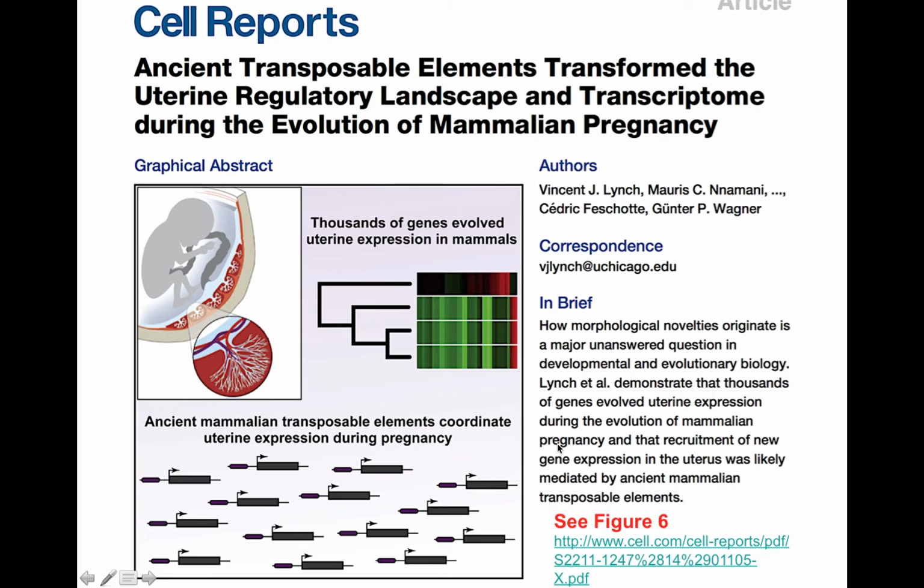So it seems like if you need to make a uterus, you need a whole lot of genes expressed in the uterus, and that may have been mediated by transposable elements jumping into a variety of genes and coordinating their expression all together because it was the same transposable element. And that's the subtitle of this figure, Ancient Mammalian Transposable Elements Coordinate Uterine Expression During Pregnancy. You can look more of this up at this website.